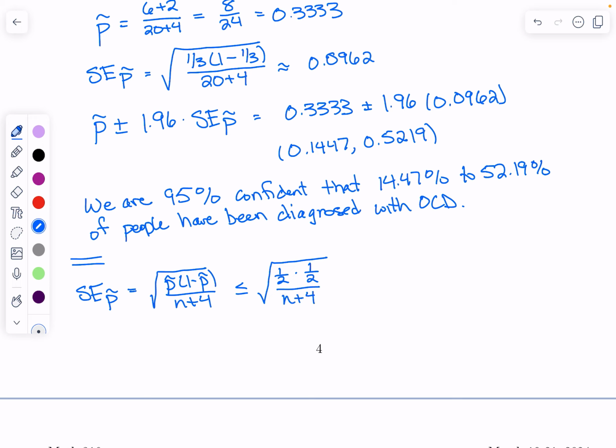And that is because this function p times 1 minus p is maximized at p equals 1/2. You can do a little calculus if you like to see that that's true.